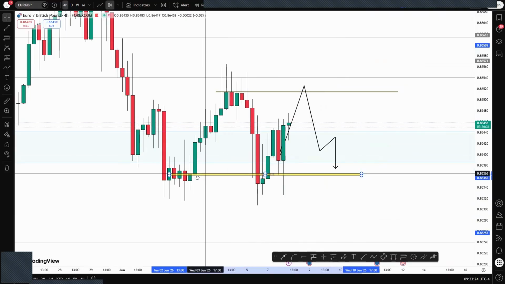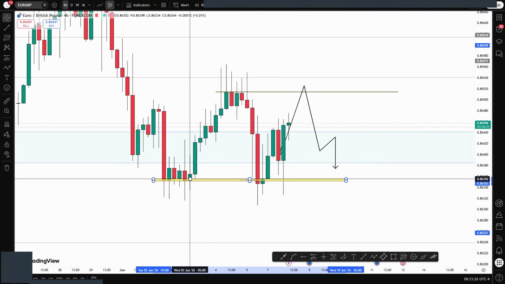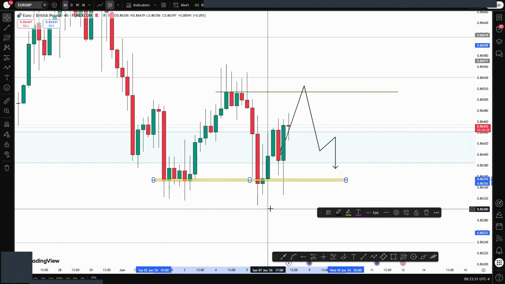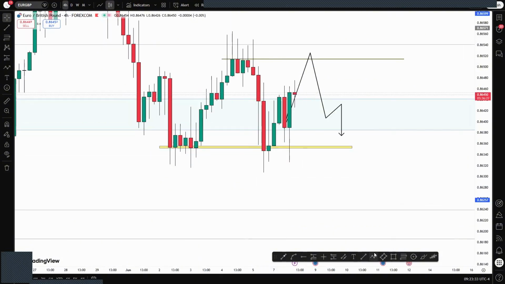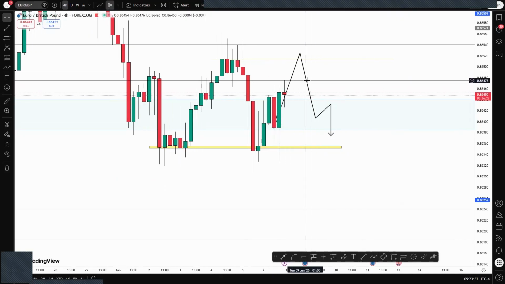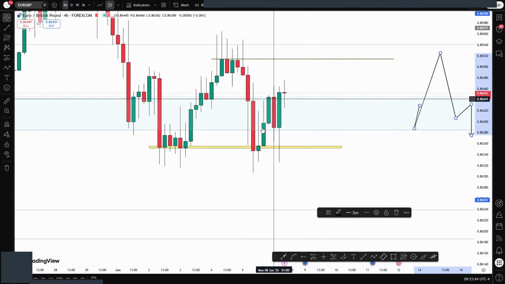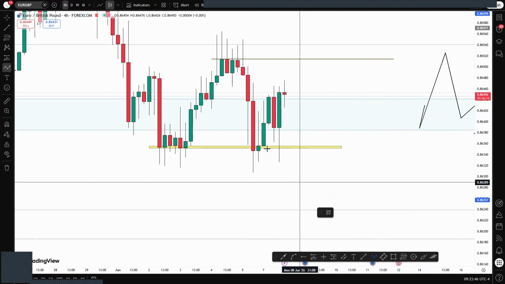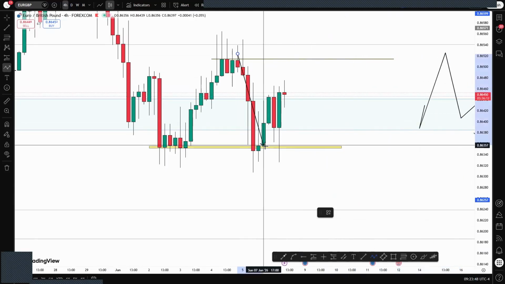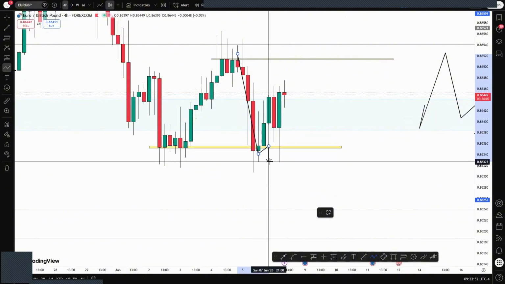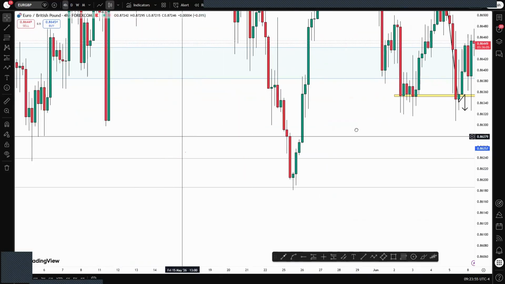Because if we catch a sell at this point, this is what we expect to see. We expect price to break below and retest at that point. But if it gives us an engulfing at this level, this is a no trade zone, you see?